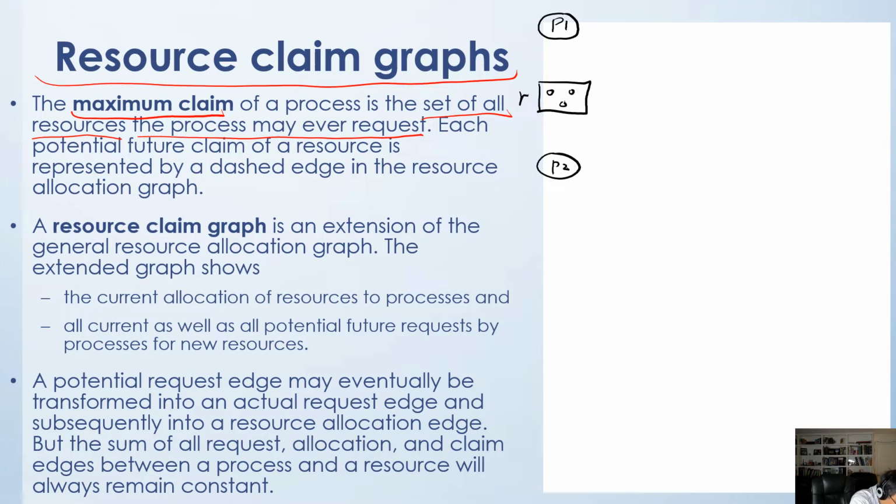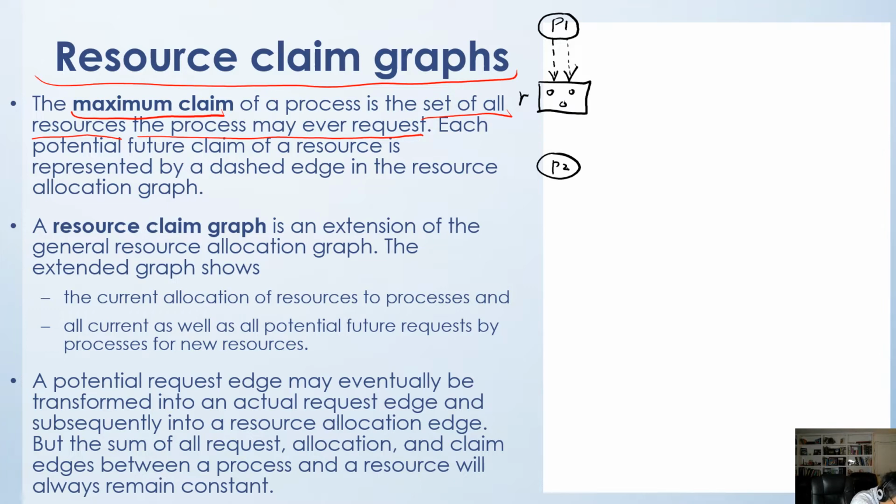For example, say the maximum claim for process 1 is 2 for the resource. There's only one resource at this moment. That means process 1 may potentially claim 2 units of the resource.